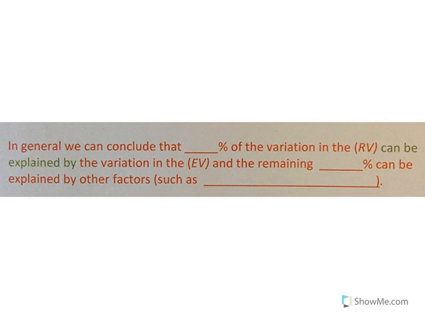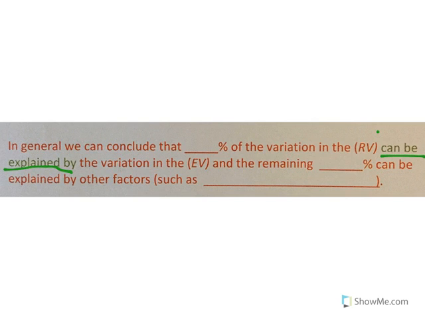Alright, so here it is. Here is the way you should write these things. It says, in general, we can conclude that a certain percentage, the R squared, of the variation in our response variable can be explained by, alright? Don't say can be shown or causes, can be explained by.